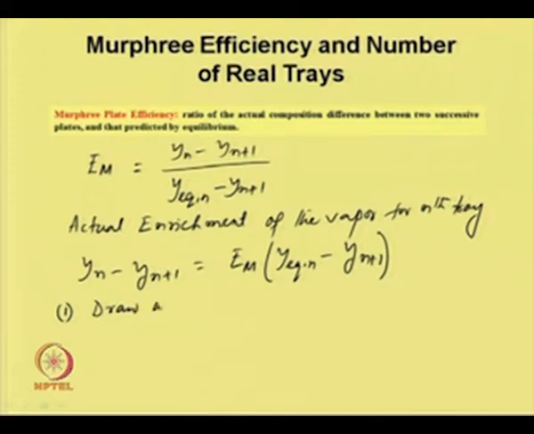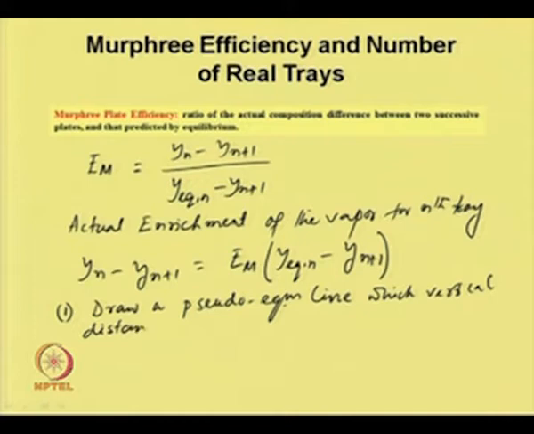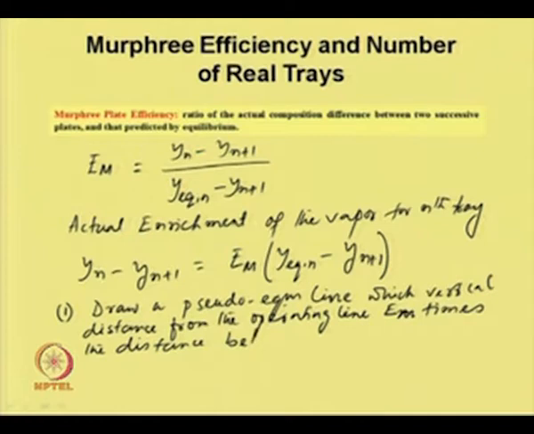Draw a pseudo equilibrium line whose vertical distance from the operating line is EM times the distance between the operating line and the equilibrium curve.